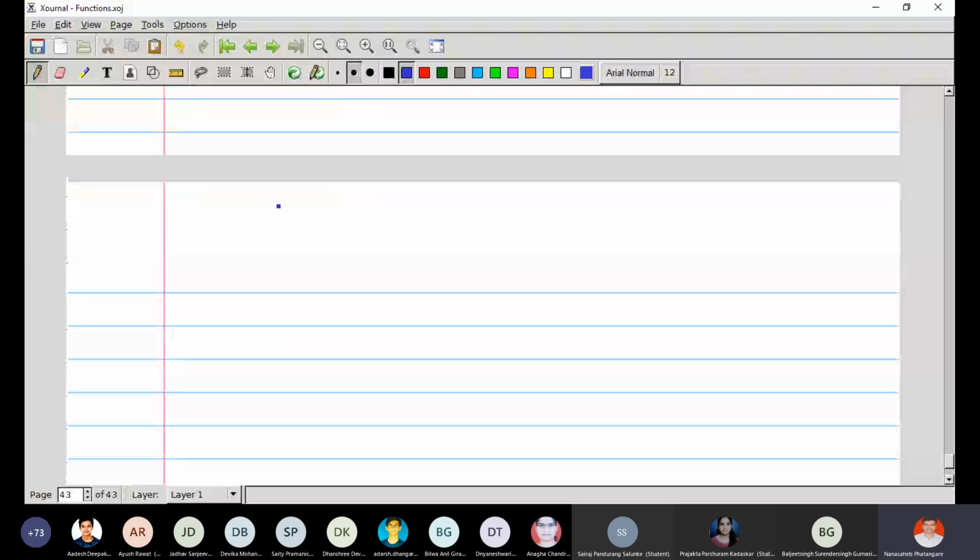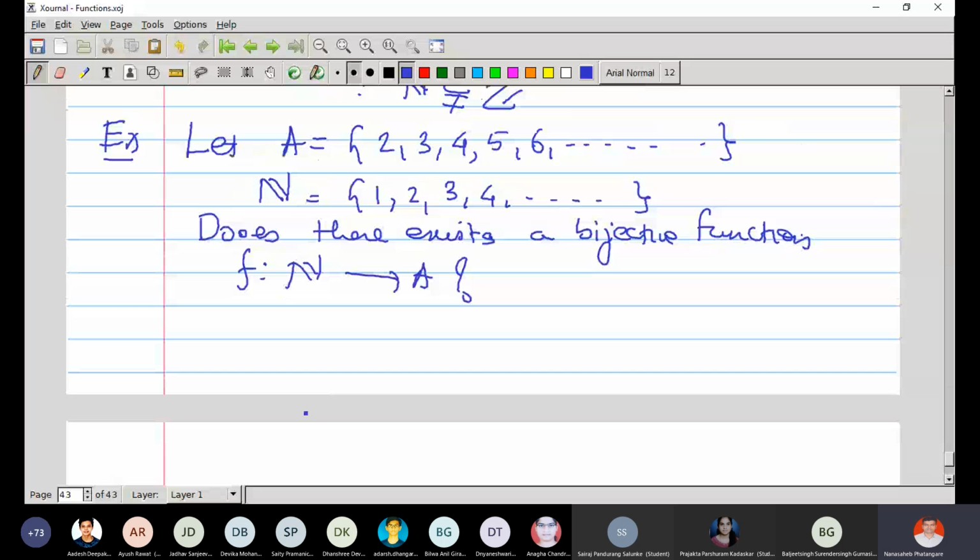Do you see this? Natural numbers. Easy, right? So note here, A is a proper subset of natural numbers.